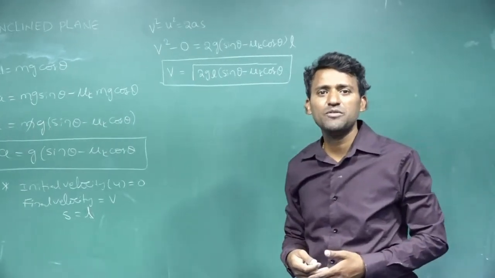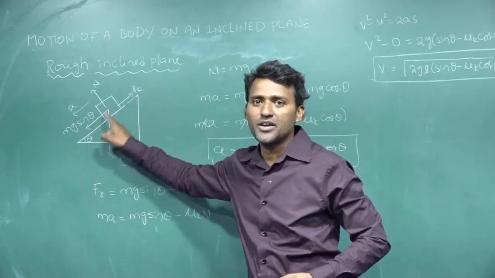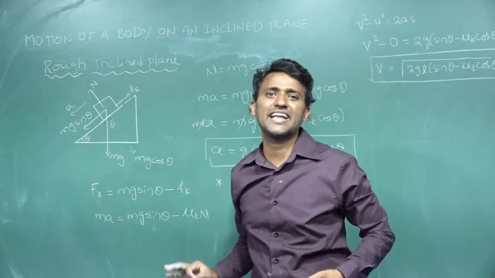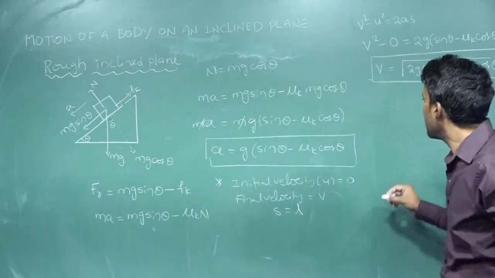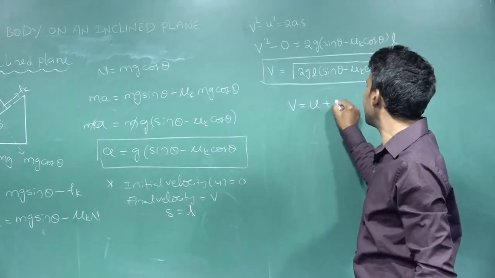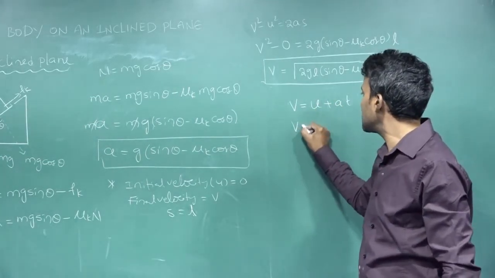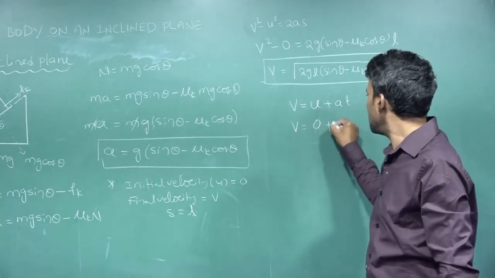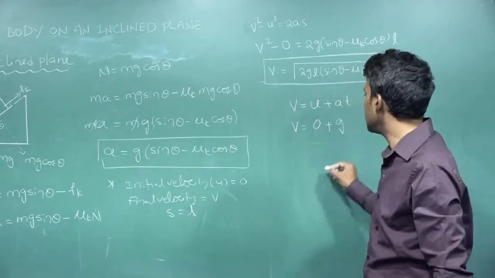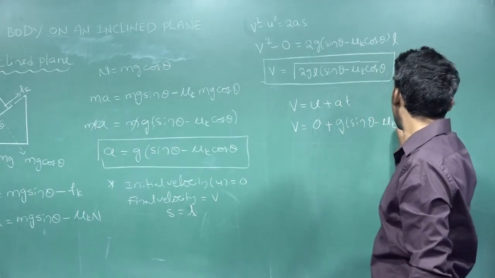Now, what is the time taken? The time taken by the body to reach the ground from the top, from here to here. We are using the first equation of motion, v is equal to u plus at. Here the initial velocity is equal to 0. What is a? We already calculated a equal to g sin theta minus mu k cos theta.